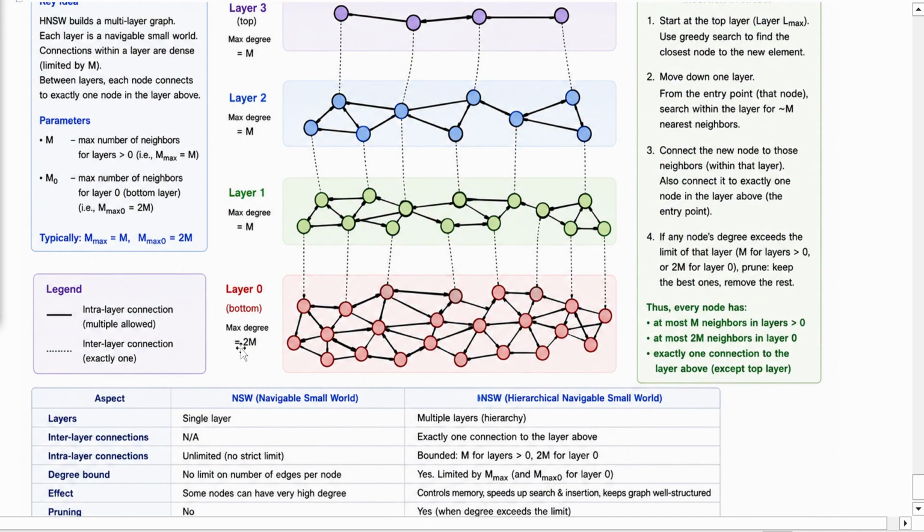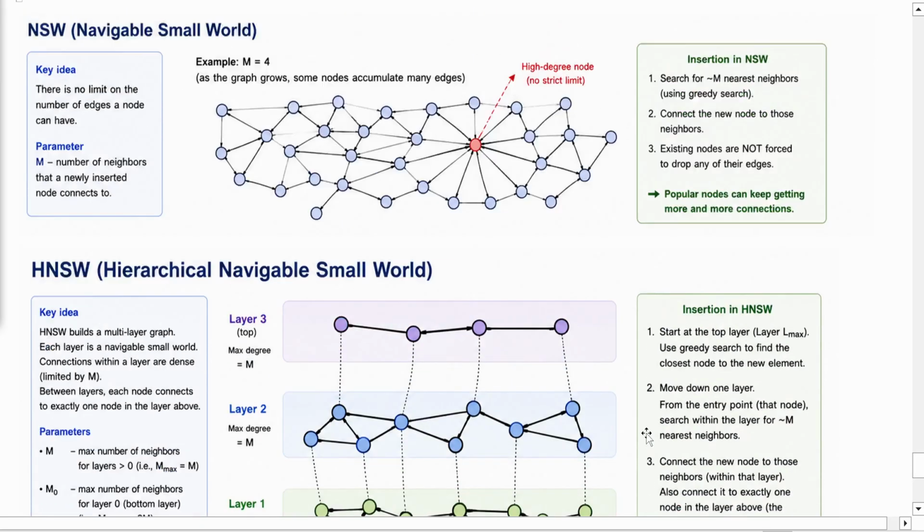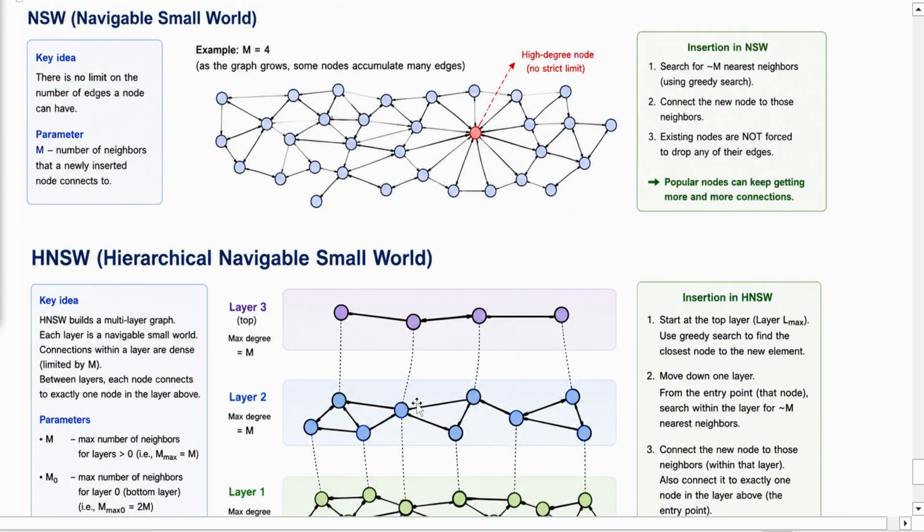Usually this number will be 2m. So this is the difference: for NSW we can have an unlimited number of connections, but for HNSW it is bounded, m for layers greater than 0 and 2m for layer 0.